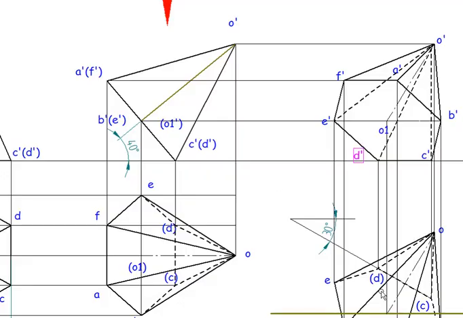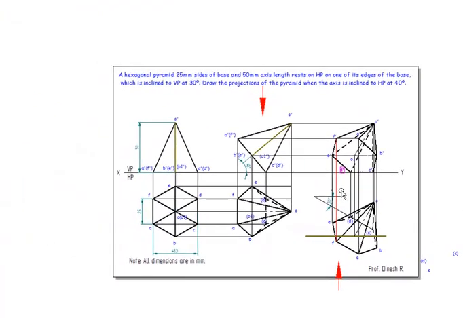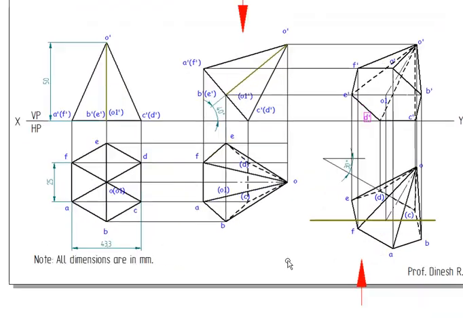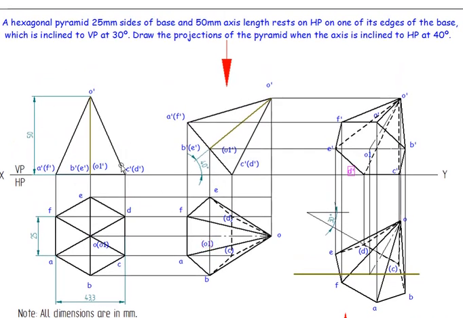The same thing is here. So this is very simple compared to the hexagonal prism. So the important thing is it is resting on edge on HP. So this is resting on edge. So edge on HP is nothing but SP1.